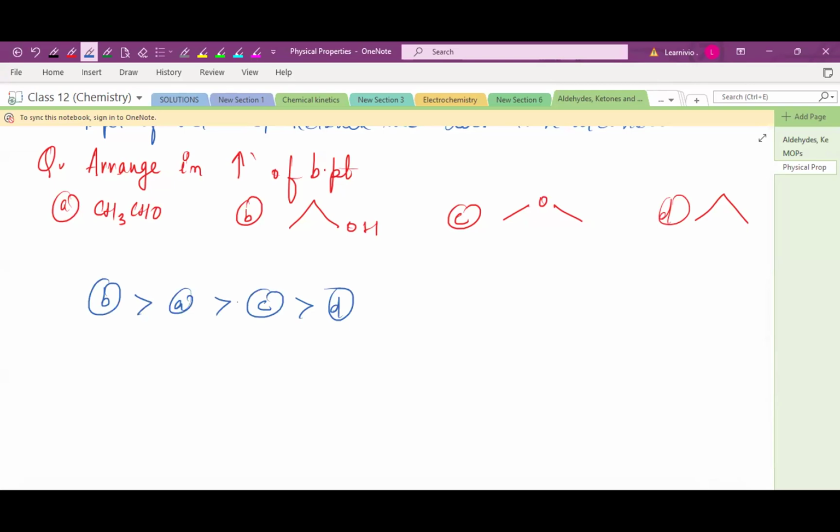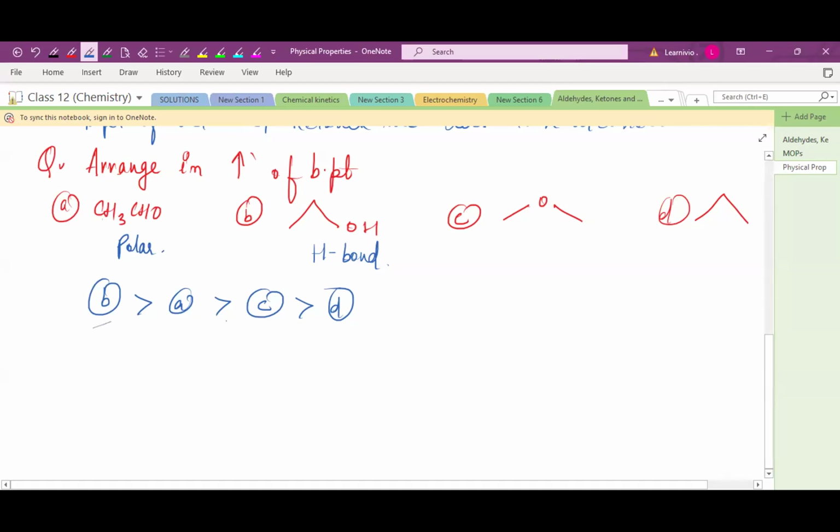Yes, very good. See how she has arranged the boiling points in increasing order. See, the CH3CHO, it's an aldehyde, right? Means it's polar in nature. And what about this? This is an alcohol. What does alcohol have? Hydrogen bonding, which is the strongest among all. If the hydrogen bond is the strongest, its boiling point will be quite high. The boiling point of the alcohol is highest among all of them.